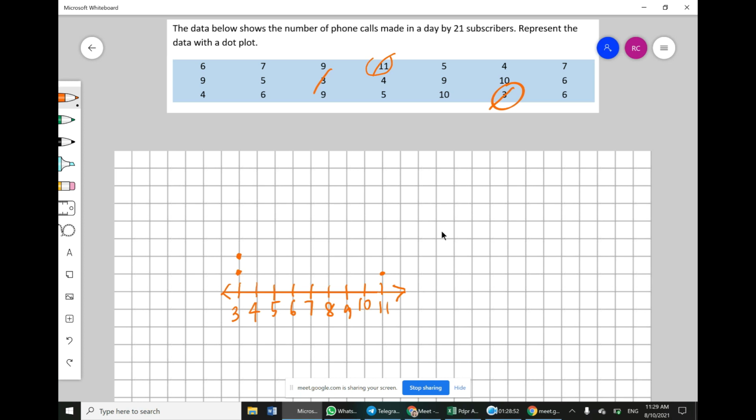This represents the number of phone calls. And what is the last thing we need to do? The last one is the title. The title, correct. What is the most suitable title for this one?